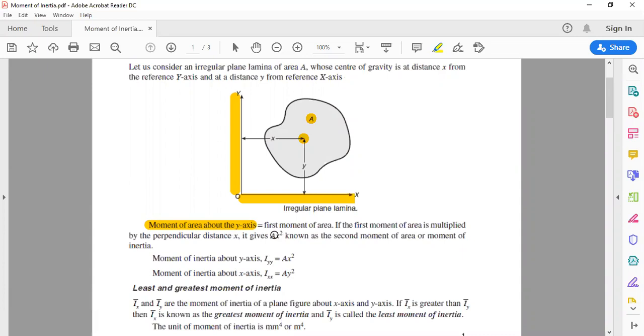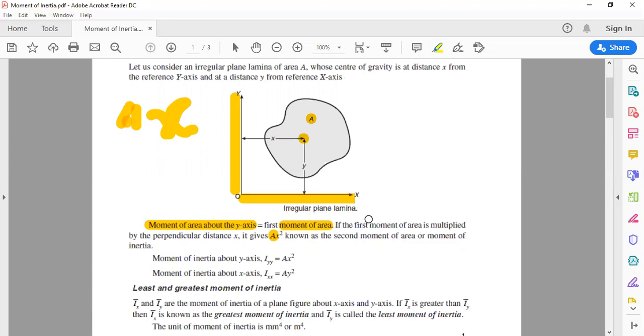Now let us see how this ax square came. What is first moment of area? First moment of area is nothing but moment of area. What is moment of area? It is area into perpendicular distance. So it is a into perpendicular distance x. So this is first moment of area, that is ax.